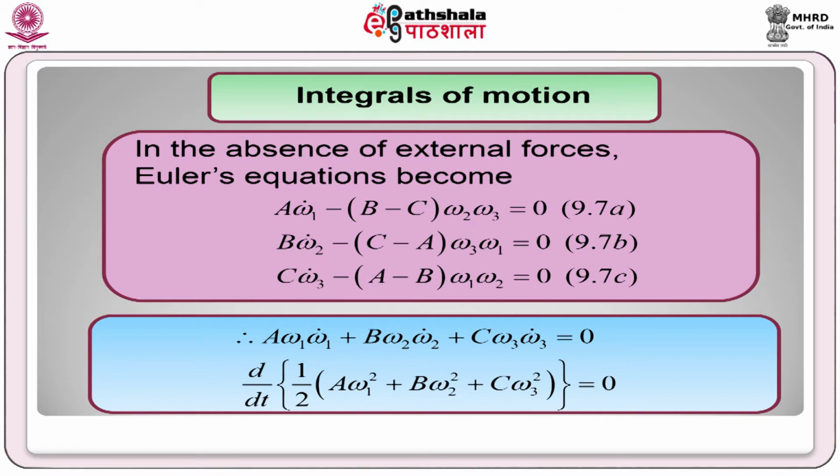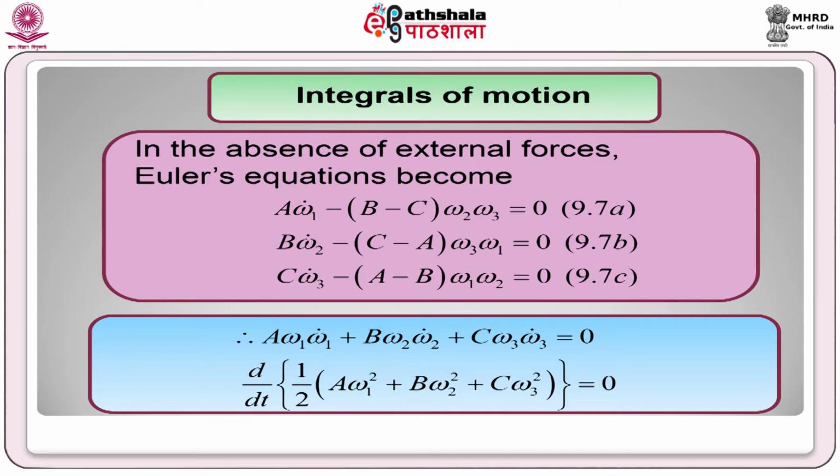Now, let us find the integrals of motion. In the absence of external forces, that is, if there are no external forces, please note that the moment of the external forces will vanish. So, N_O vector must be 0.